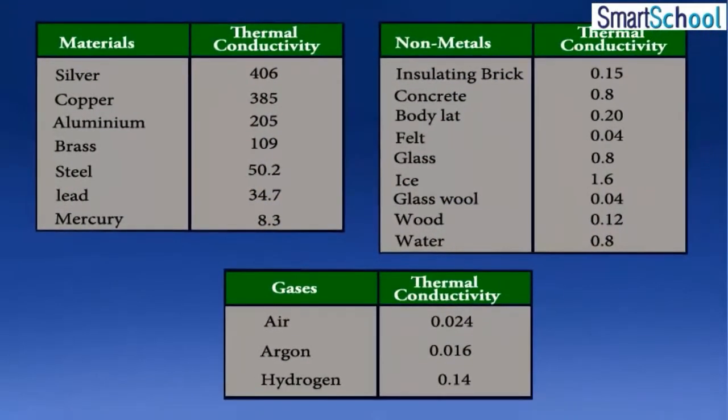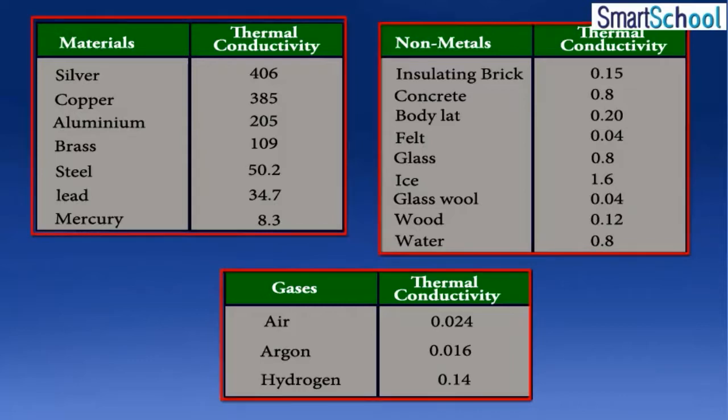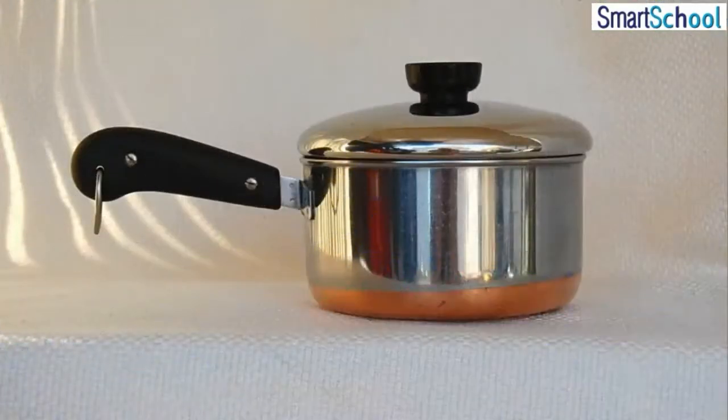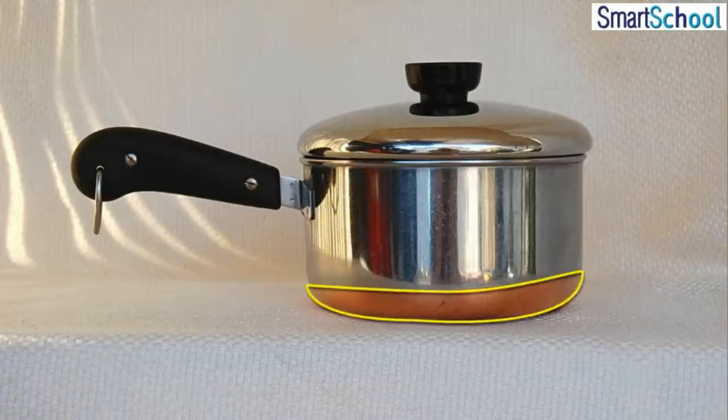The thermal conductivities of some substances are shown here. Although these values vary slightly with temperature, they can be considered to be constant over a normal temperature range. You must have seen that some cooking pots have copper coating at the bottom.